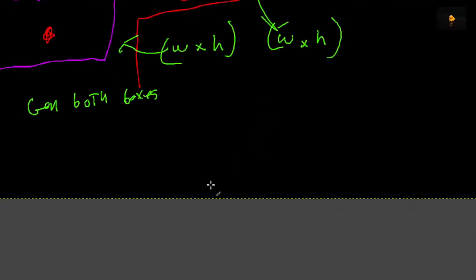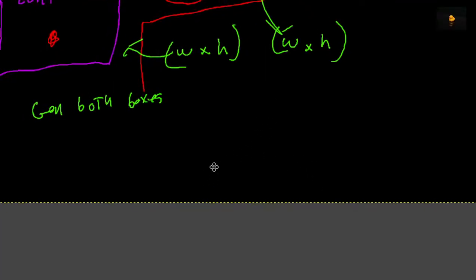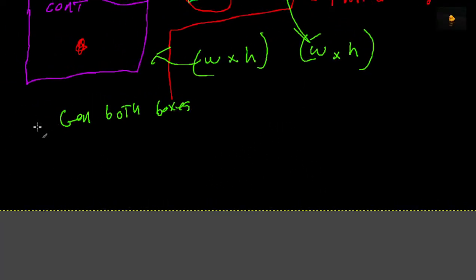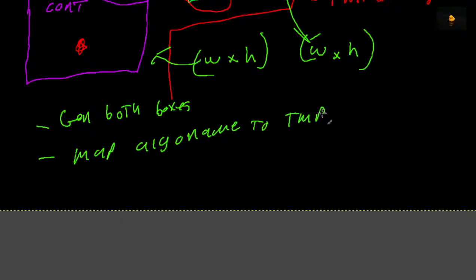Okay. So we're going to generate both of the boxes. We are then going to map algo name to temp box, right?